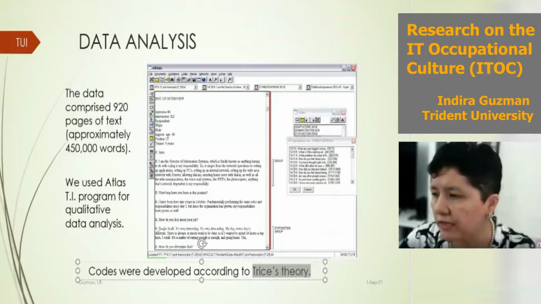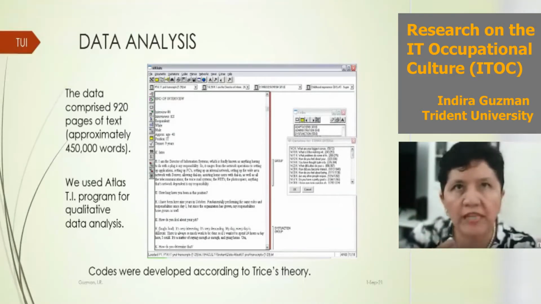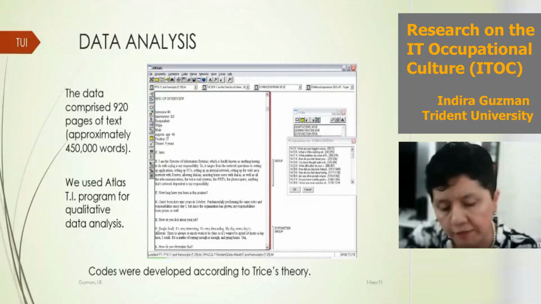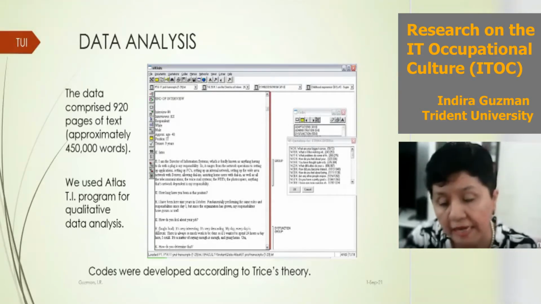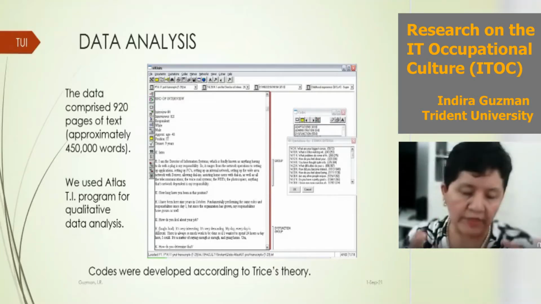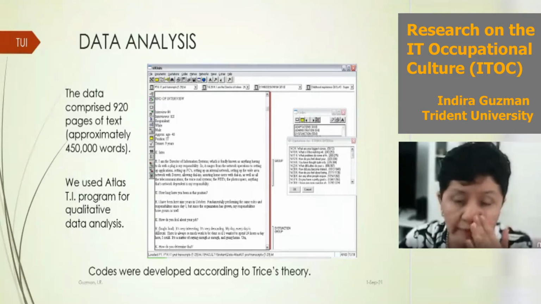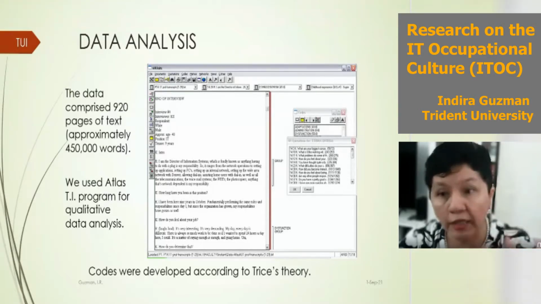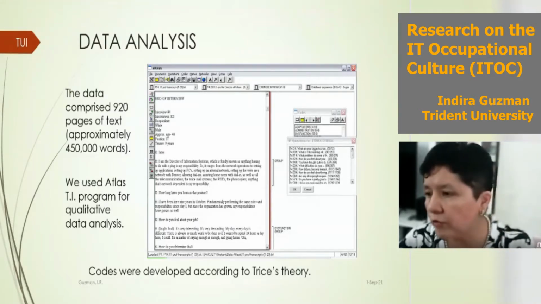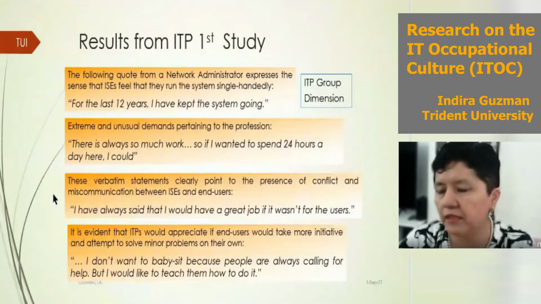The objective was first to confirm whether those 8 group dimensions of occupational subcultures confirm the existence of an occupational subculture. Is there really one? And if there is, how are those 8 dimensions defined and how can they be illustrated with data? So we used a priori coding using these dimensions.